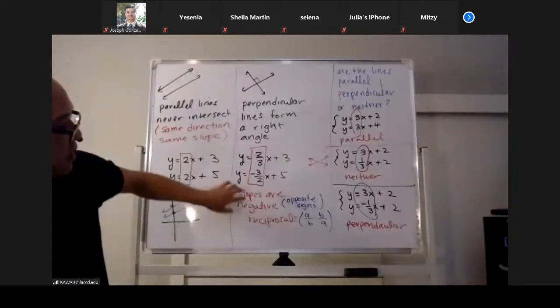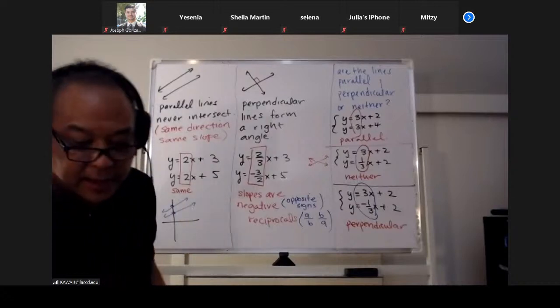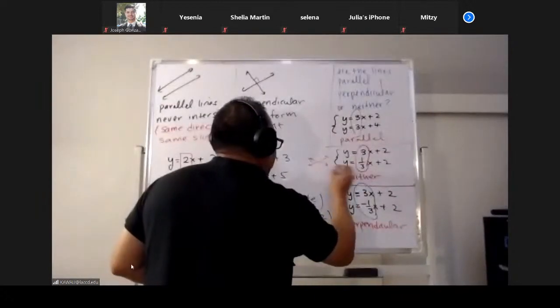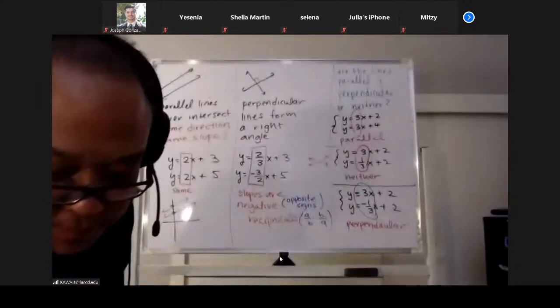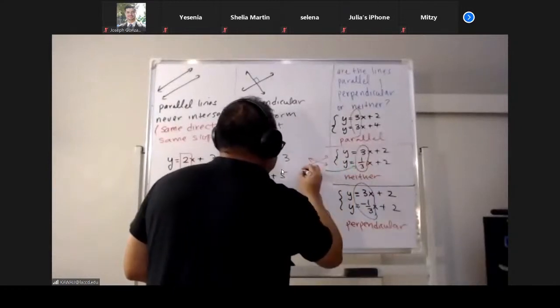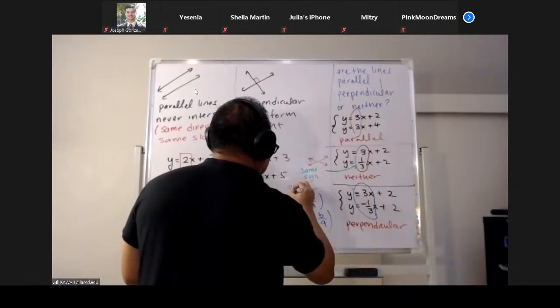In order for it to match this one, they have to be opposite sign. Okay, thank you. So let me kind of mark that. These are same sign. And these are opposite sign.